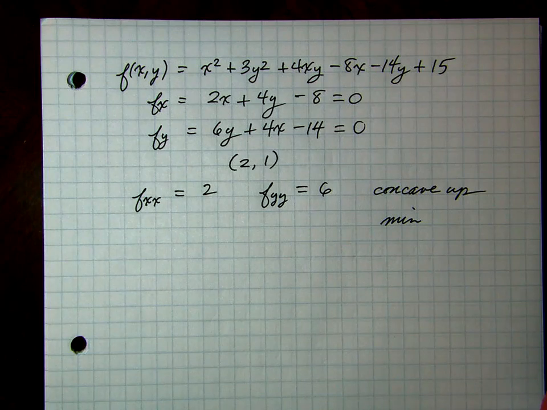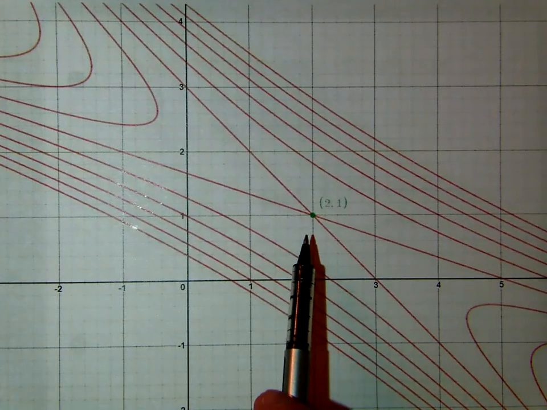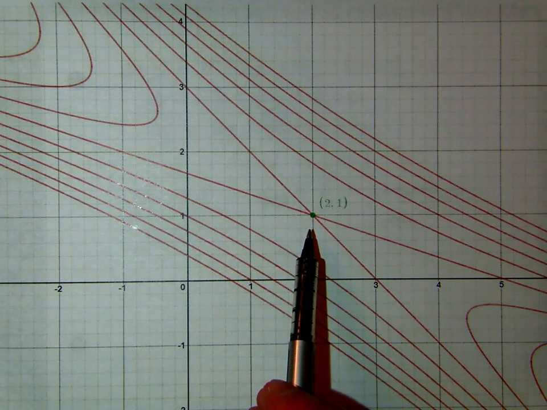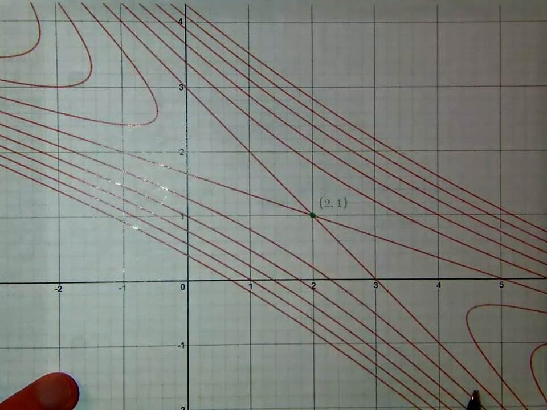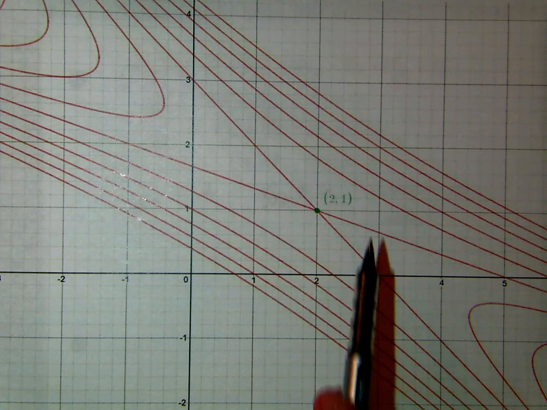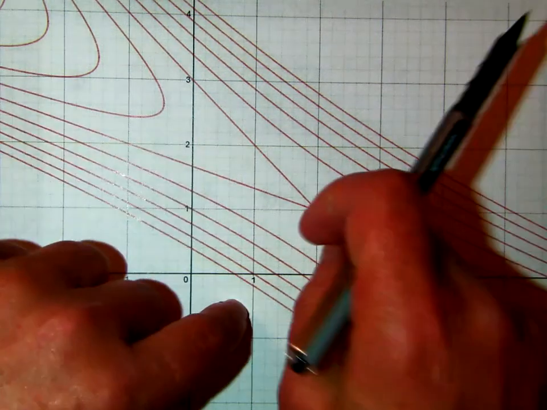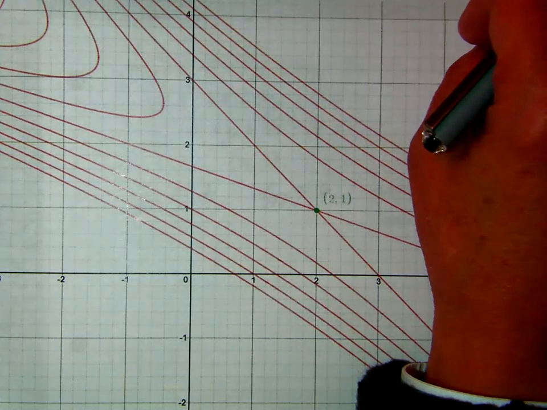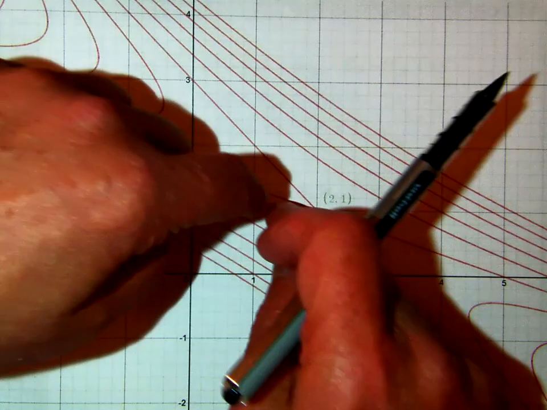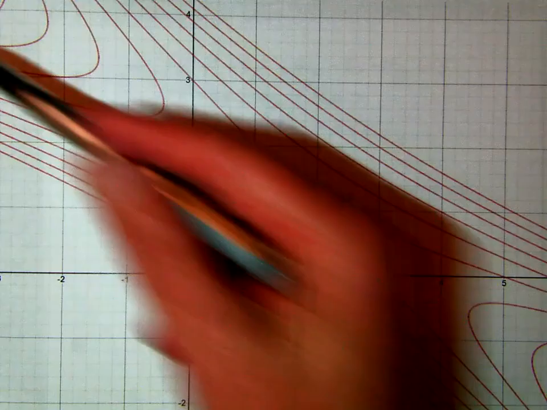Let me show you the contour lines. We have the same point here at (2, 1), but this is where the function is 0. The previous function had a minimum. This one actually increases to the upper right and lower left, and it decreases. These are negative contour lines on the diagonal.